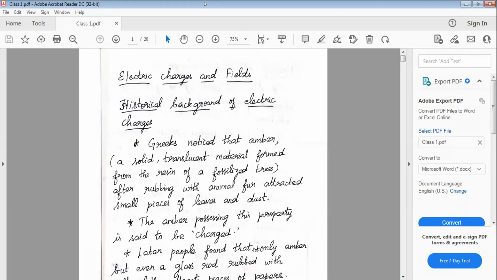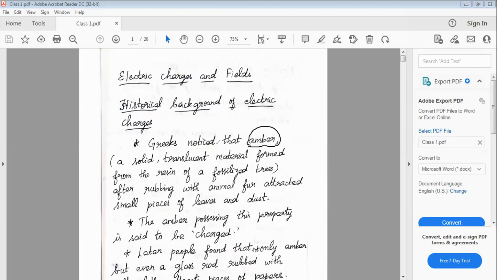Before I discuss what is meant by electric charge, I will give you some information about its historical background. So how did they discover electric charge? Initially, the Greek people rubbed amber.